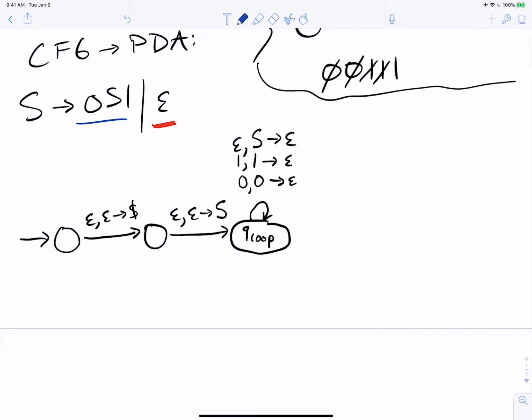So this one seems a little bit more complicated, right? Where we have 3 things on the right-hand side that eventually have to go on the stack in some way, right? So no matter what, what is the maximum number of things I could push on in one transition? Yeah, I can only push one thing on in a transition. So I'm going to need to come out of Q loop, go to some other states, and eventually come back to Q loop.